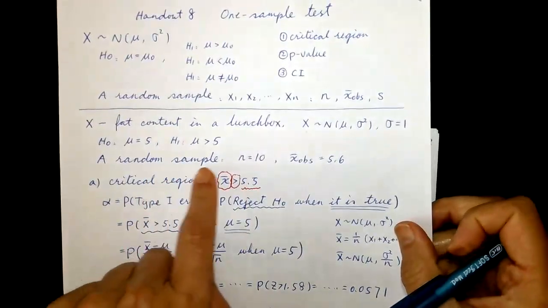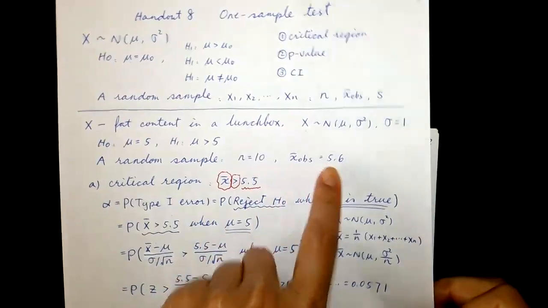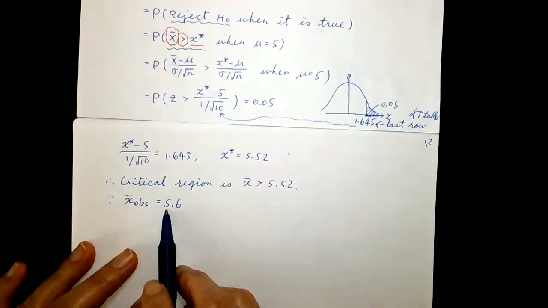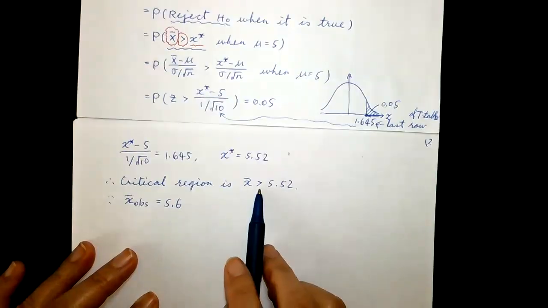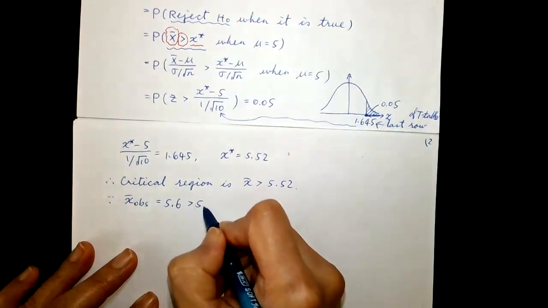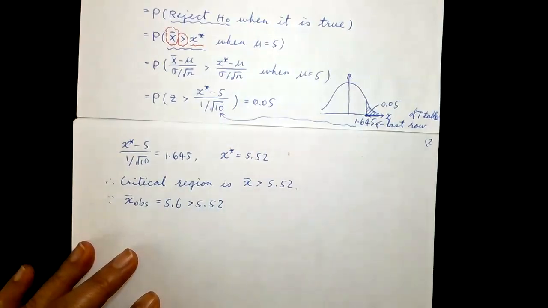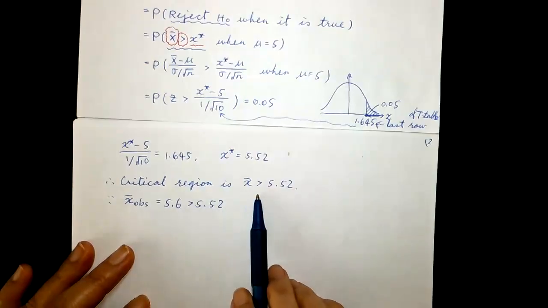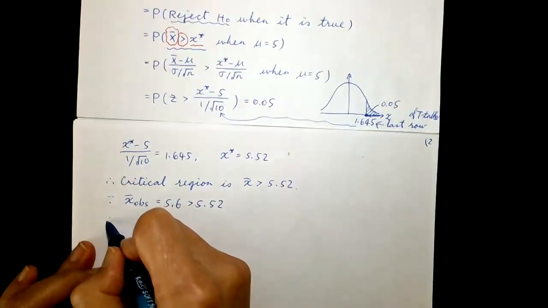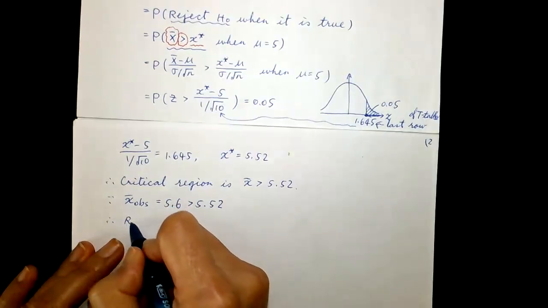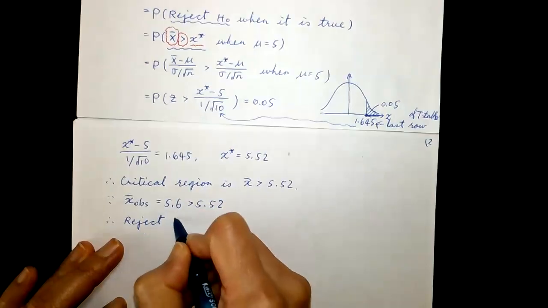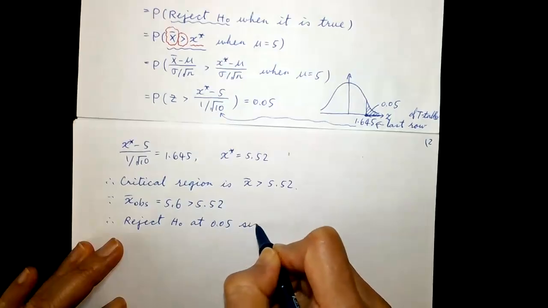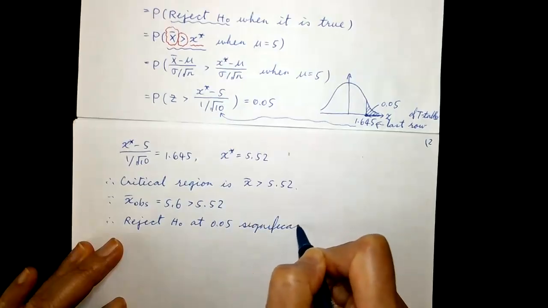This is given from the question, right? 10 lunch boxes give you 5.6 as their average fat content. 5.6 is greater than that, meaning our sample mean falls inside the critical region. If it falls inside the critical region, then we reject H naught at 0.05 significance level.